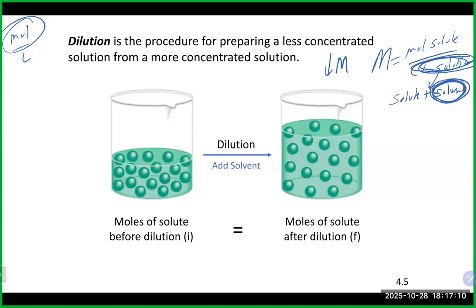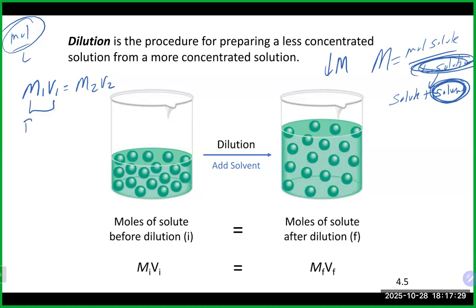So in a dilution, really the only thing that you add is more solvent. A lot of times that is water, but not always. But that is typically what you add. There is a dilution equation, which is M1V1 equals M2V2.